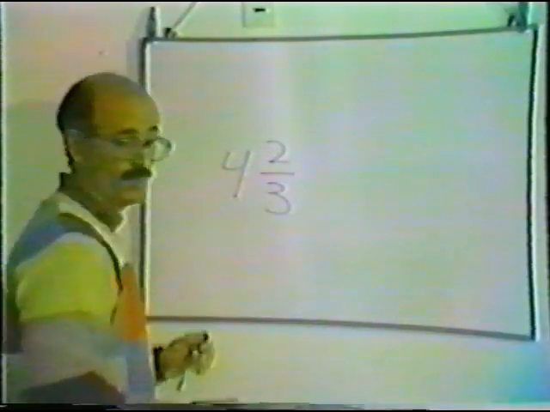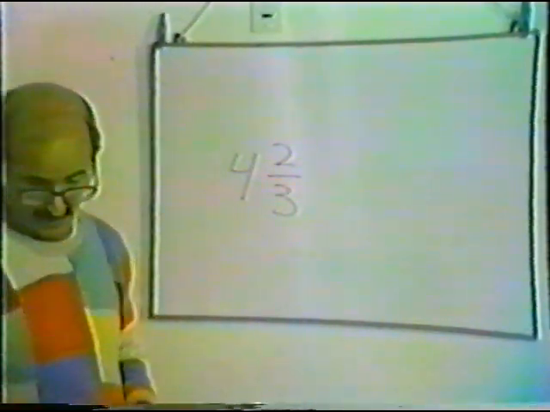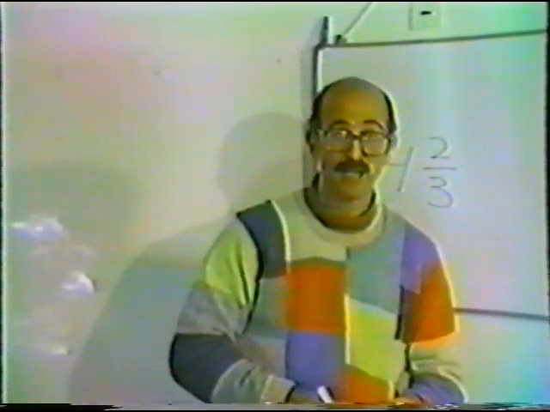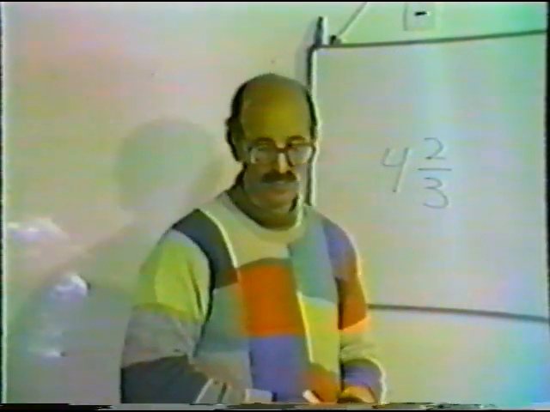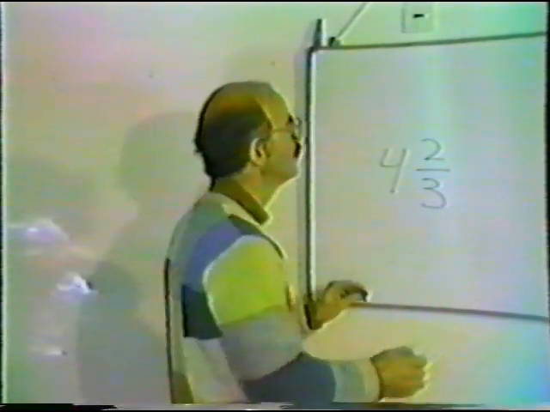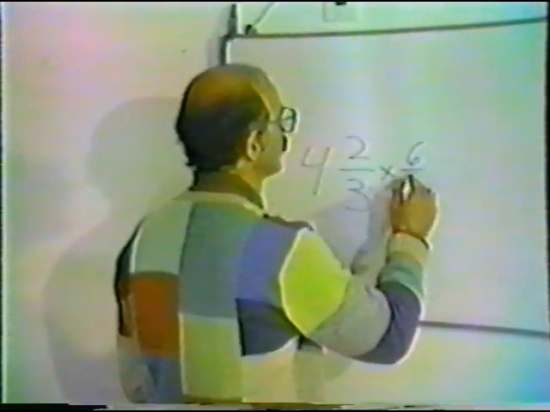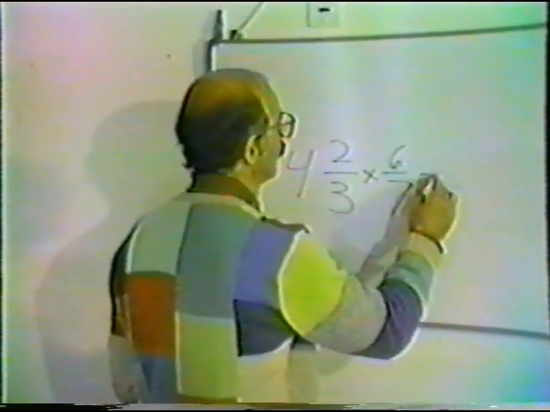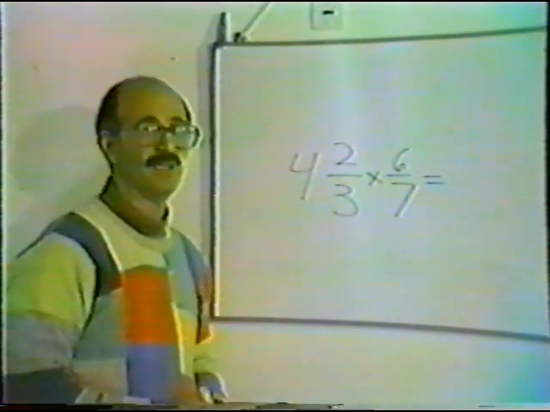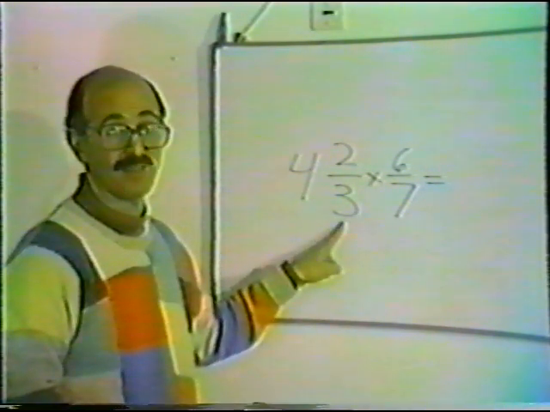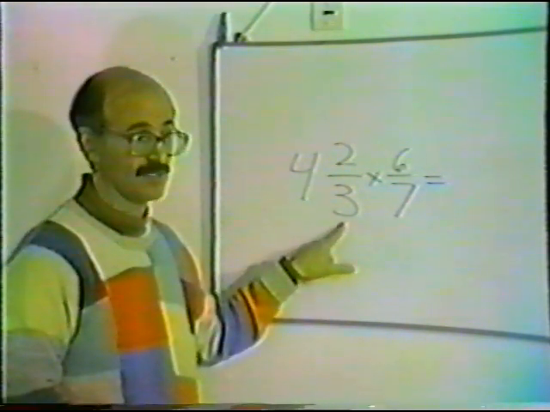Now the reason we learned that is so that we could do a multiplication problem that has a mixed number in it. 4 and 2 thirds times 6 sevenths. We cannot multiply it in the form that it is now as a mixed number.